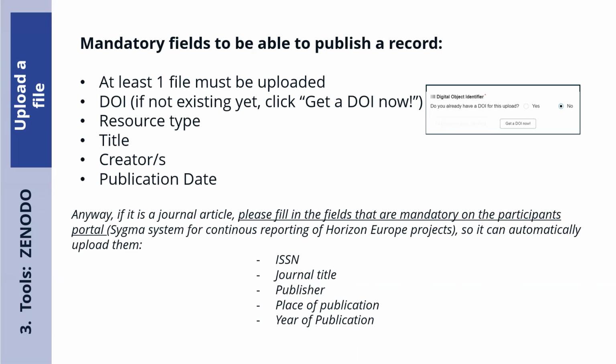But if what you are uploading is a journal article, because you can upload many types of files, please include these other fields so Sigma can easily upload this publication. So you won't have to include it manually.